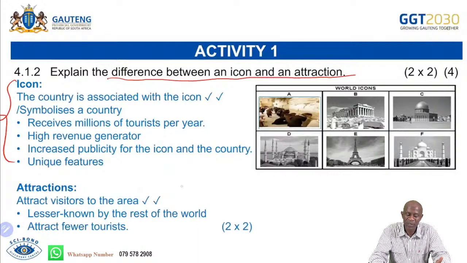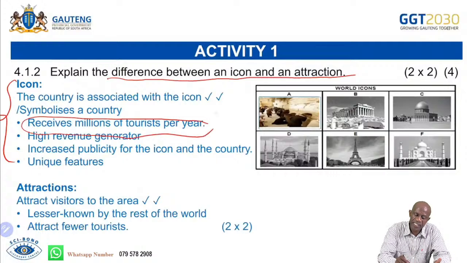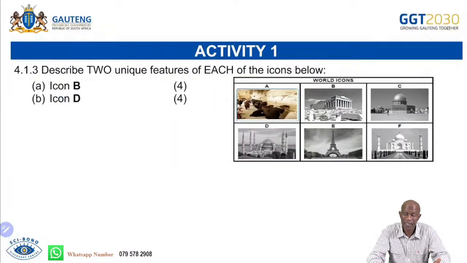Not everyone in the world knows about an attraction, and it attracts fewer tourists, whereas the icon receives a large or a huge number of tourists. So these are your responses for question 4.1.2.